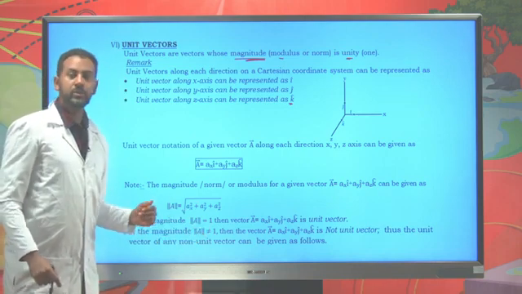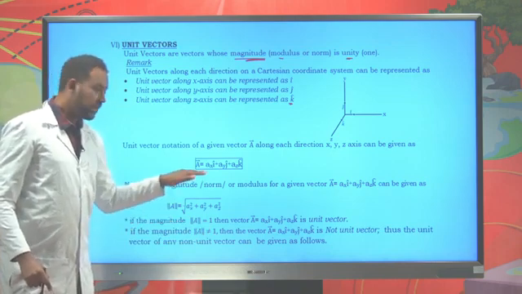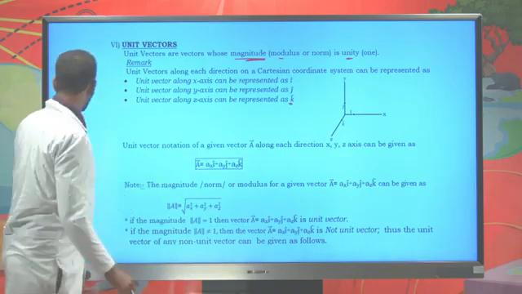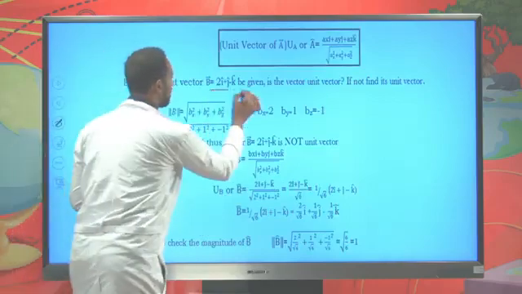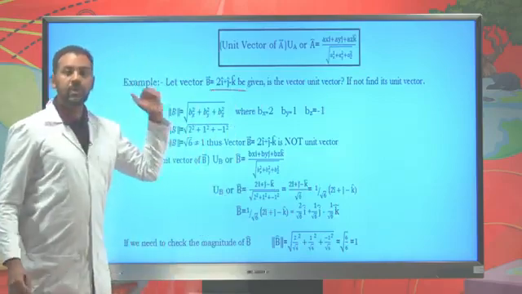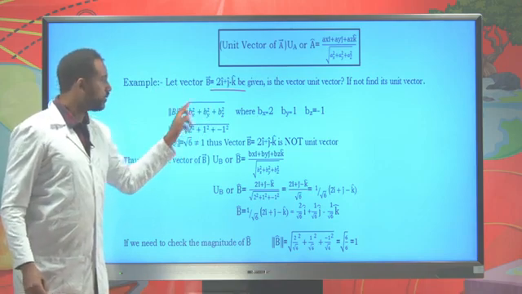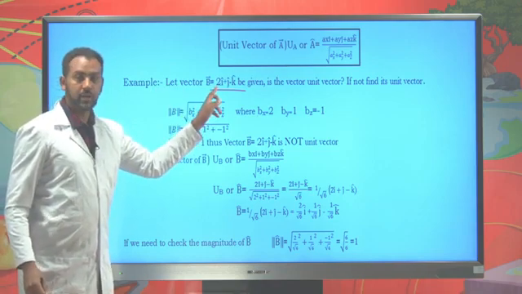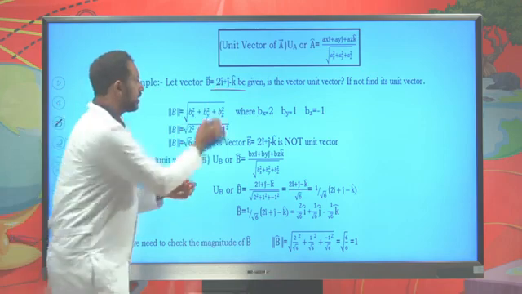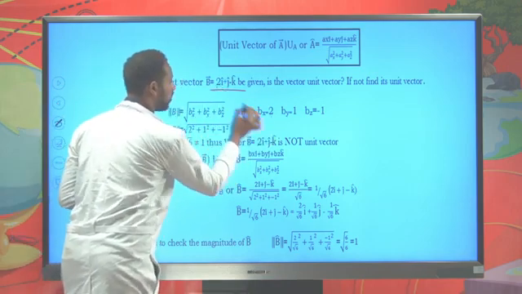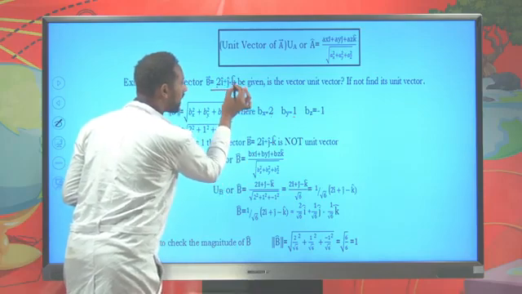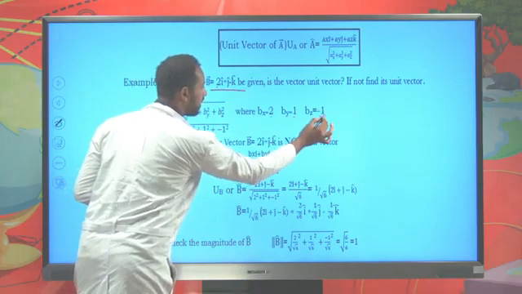And it's possible to determine the unit vector of any given vector. Suppose you have a given vector here. First, we need to determine the magnitude of this vector. How do we determine the magnitude? You have to square every component. Here, the i component, or the component along x, is 2, the component along y is 1, and the component along z is negative 1.